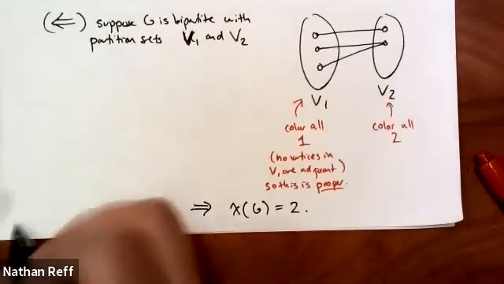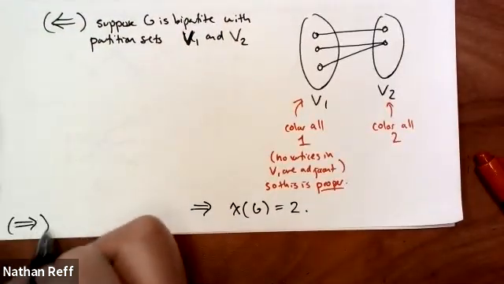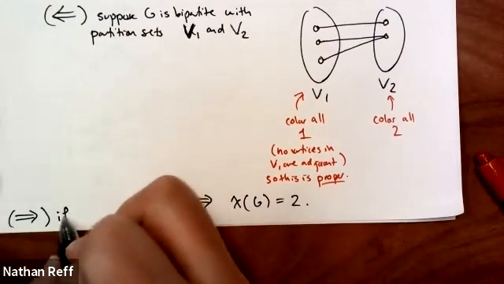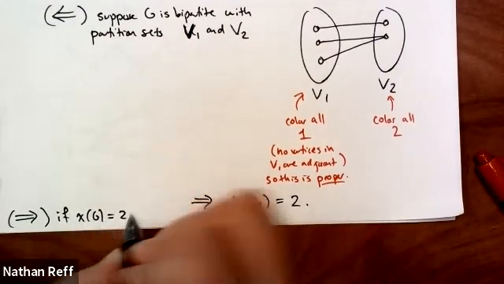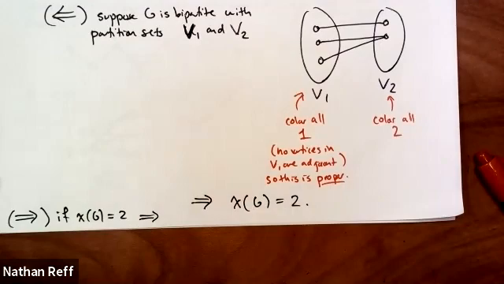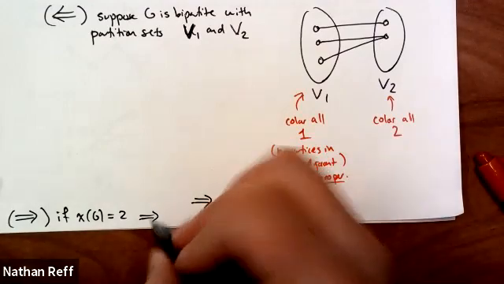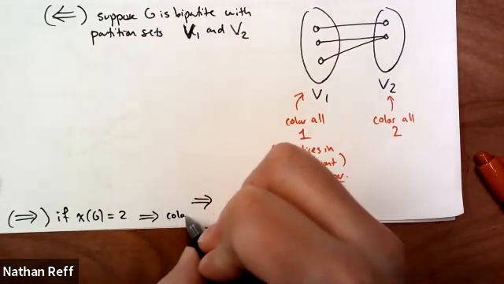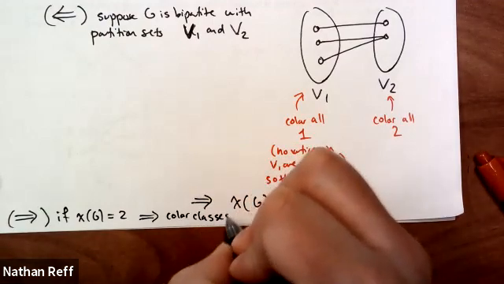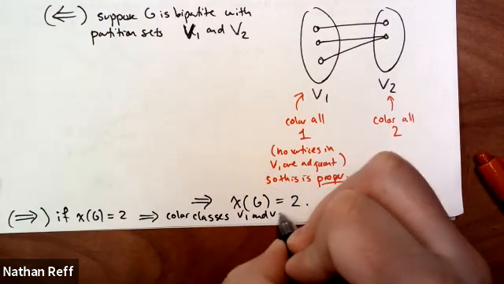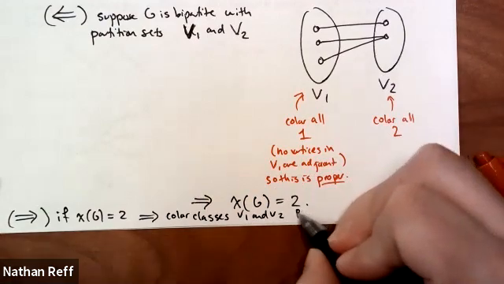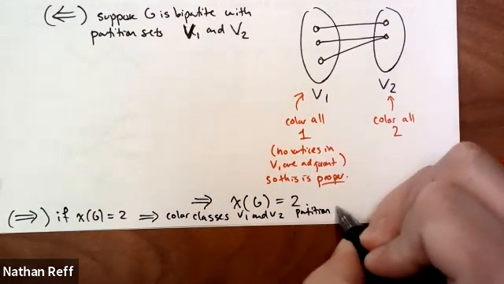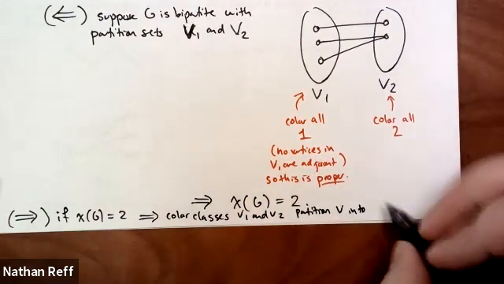Going the other way, if the chromatic number is equal to 2, then the color classes V1 and V2 partition V into a bipartition.